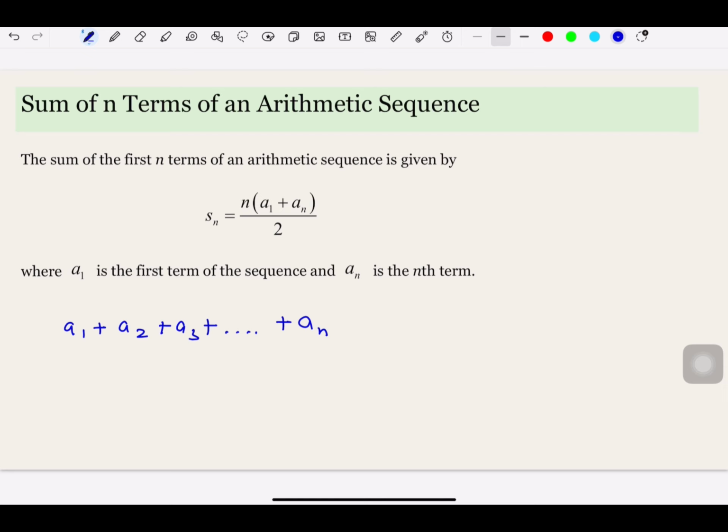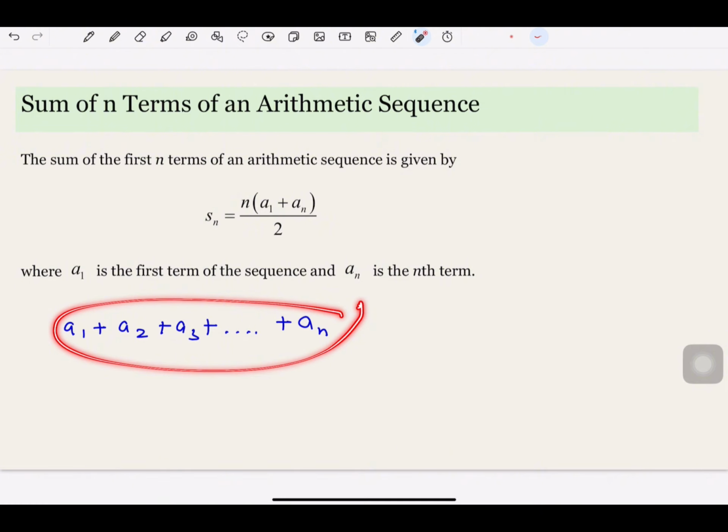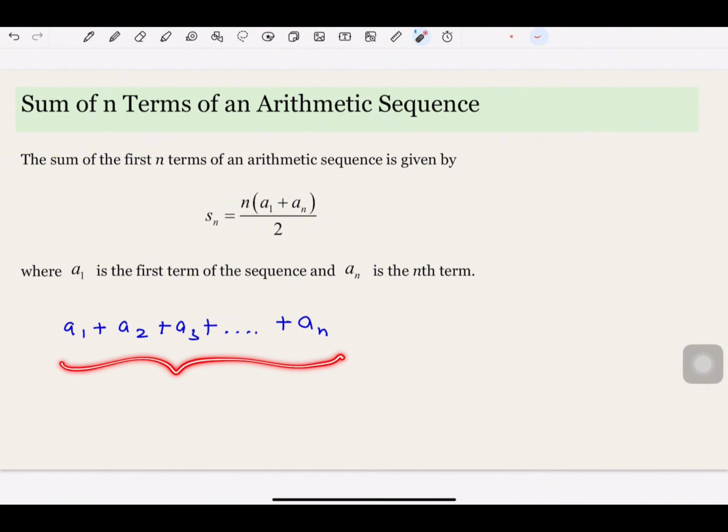And say we want to find the total of these terms, like we want to add all these n terms. So this is called a finite arithmetic series because here we have a finite number of terms. Specifically we'll have n terms, and you have to add all these together. And further, these are terms of an arithmetic sequence.